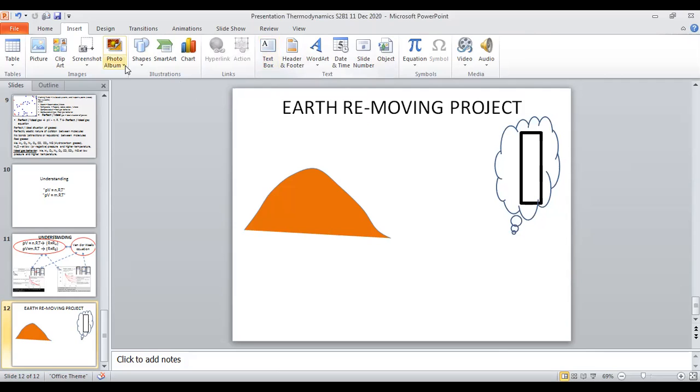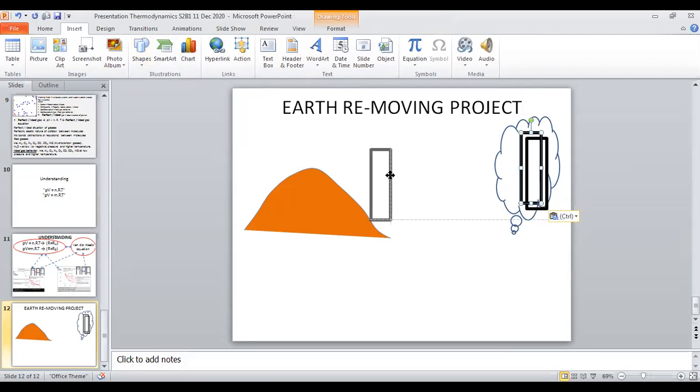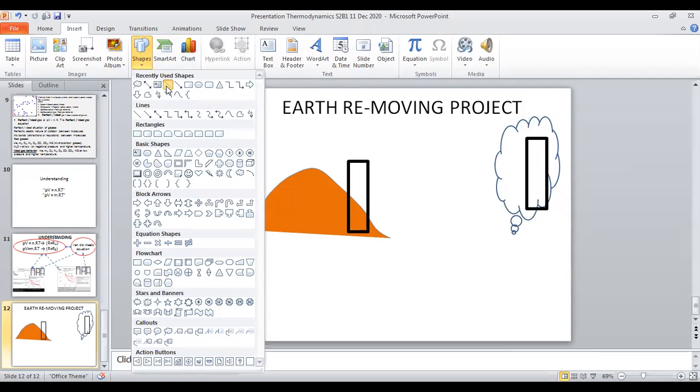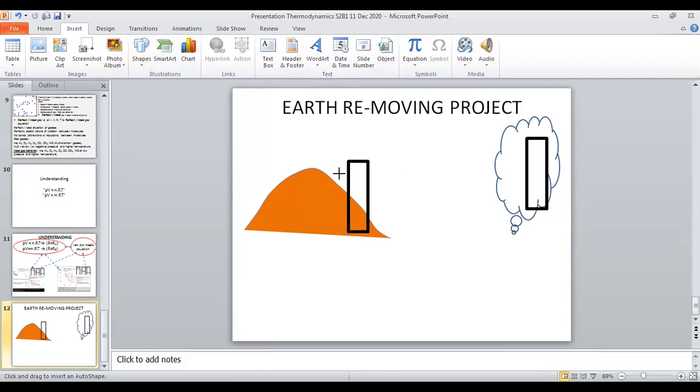So when we are supposed to remove, we have to remove some earth here to construct this. Let's say you are constructing it here. Okay, this may be your construction place. So you have to remove some earth for sure. Okay, let's say you are removing some earth.